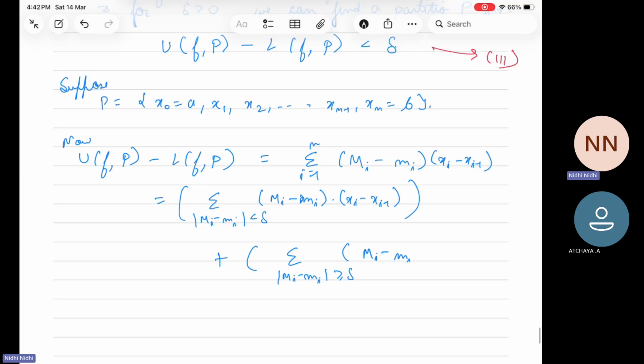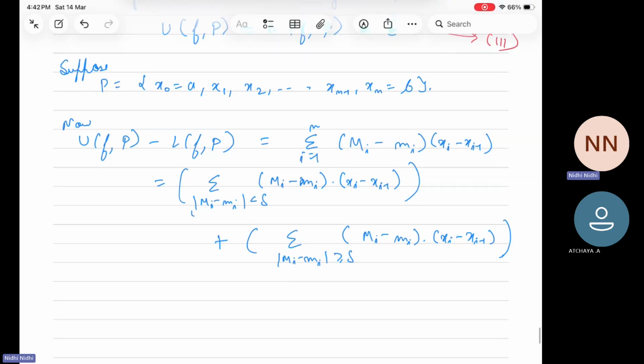I hope you understand that we can always do this. We call the collection of all such i's the good set, and the other one the bad set. We'll see how.